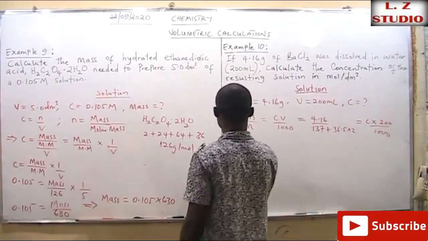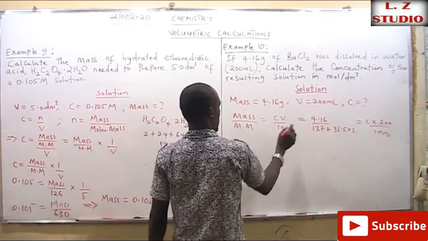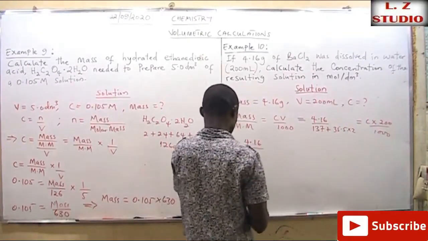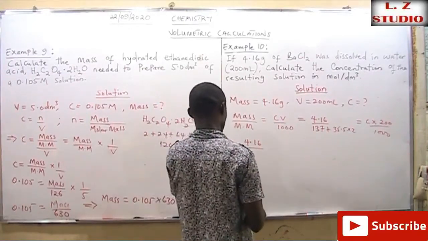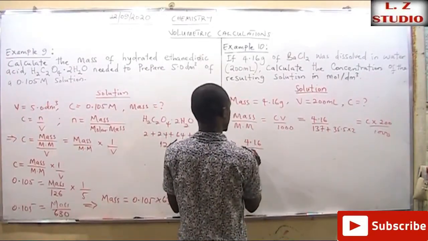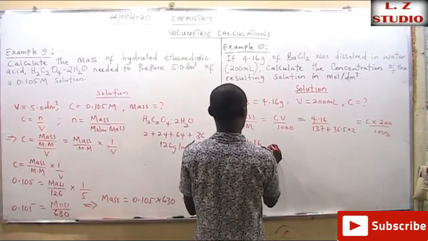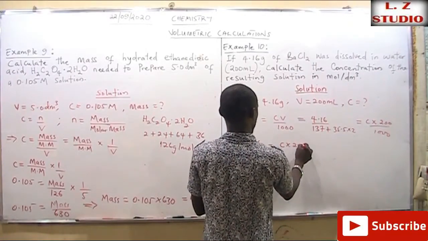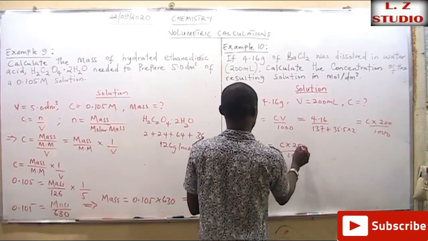So it implies that we have 4.16 divided by 35.5 times 2, we have 71, okay, which is equal to C times 200 divided by 1000 here.